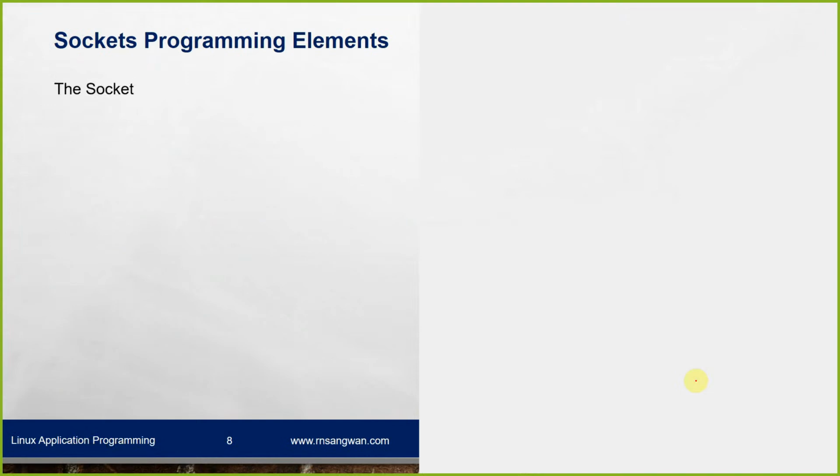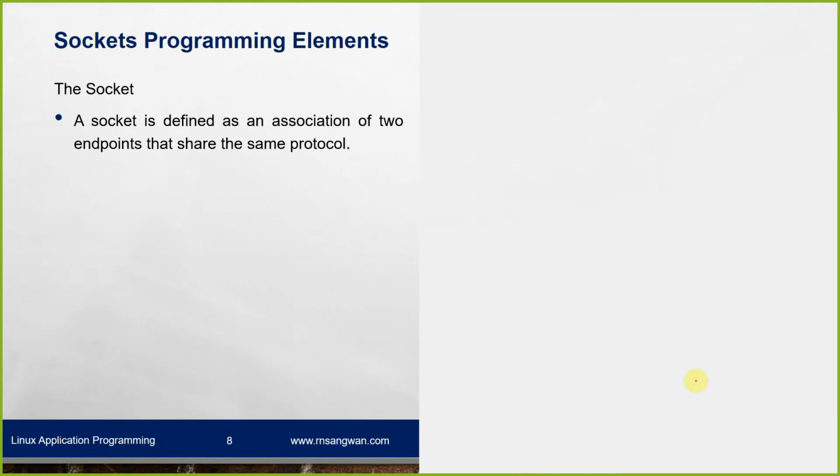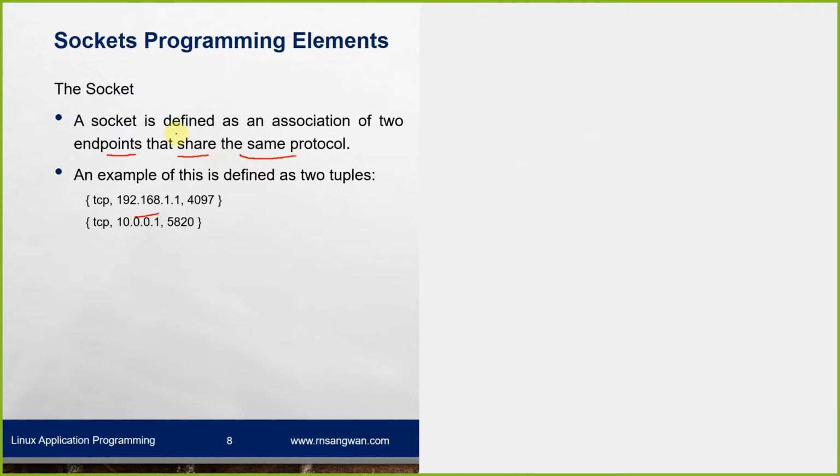The socket is defined as an association of two endpoints that share the same protocol. Means if we associate two endpoints for the same protocol, we call it a socket. As an example, in my diagram animation I will demonstrate these two endpoints.